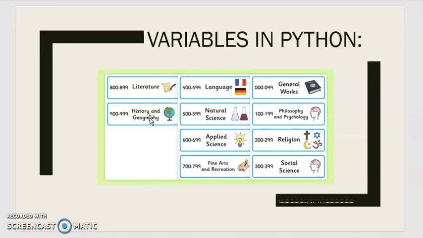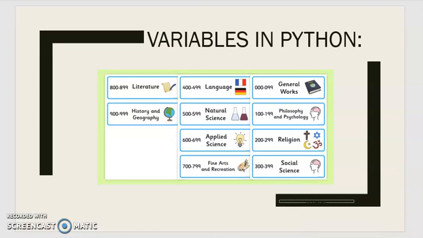This is history and geography, this is literature, this is language, natural science, applied science, fine arts and recreation. So whenever you want a language book, you directly go to the language shelf, you take it, you use it and you replace it there itself. And the same way a variable works in Python. So whenever we need that particular value, we call this variable. Let us see how it is.